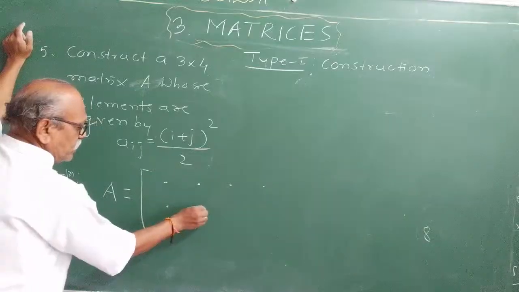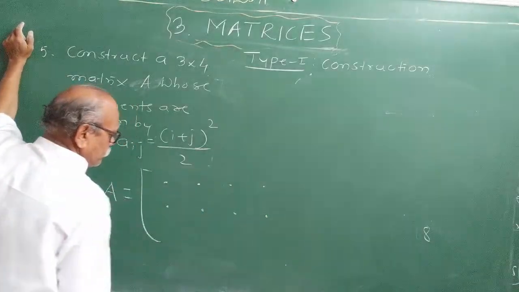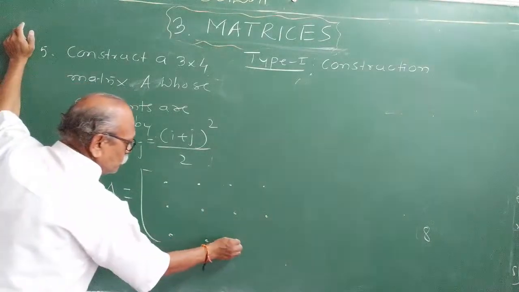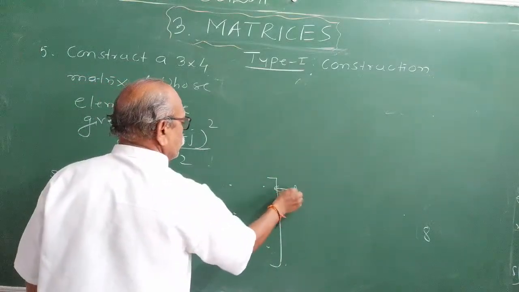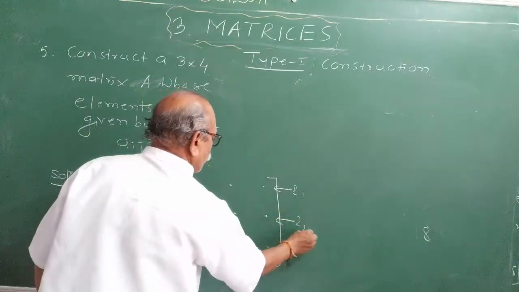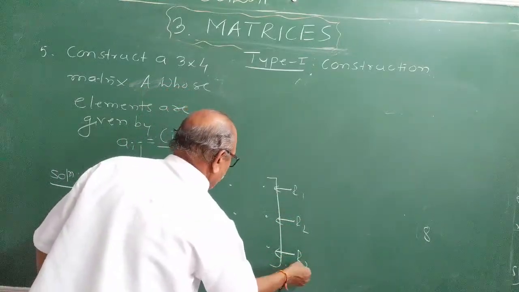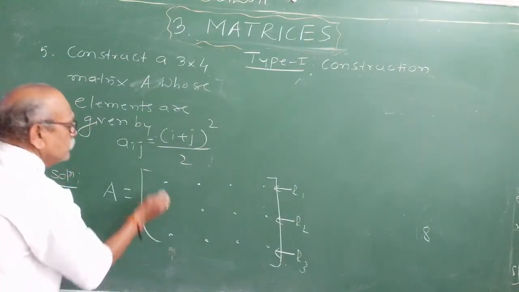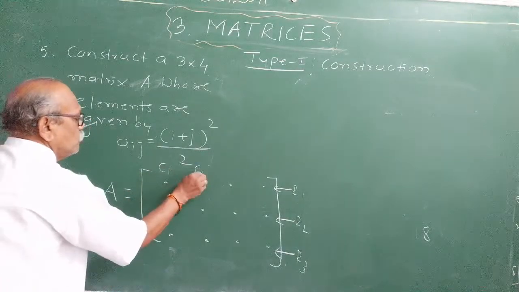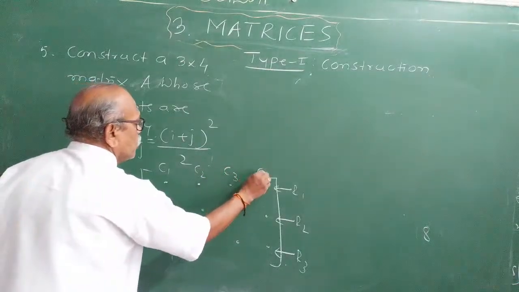Rows are 3. This is row 1, this is row 2, this is row 3. You can observe this is column 1, column 2, column 3, column 4.